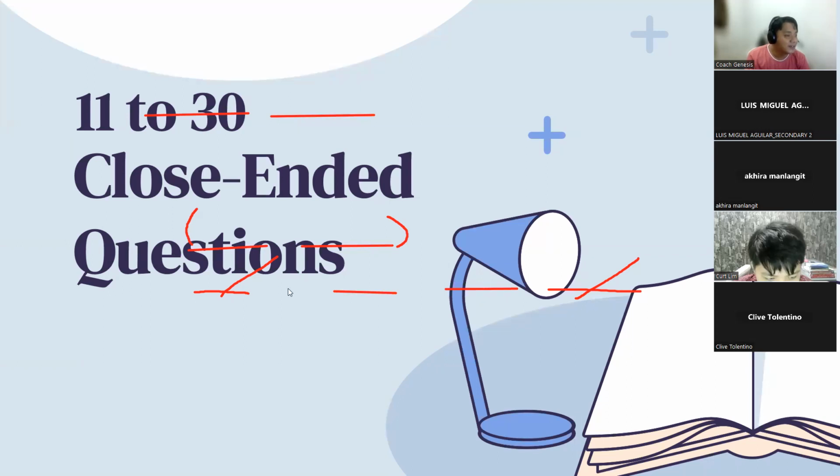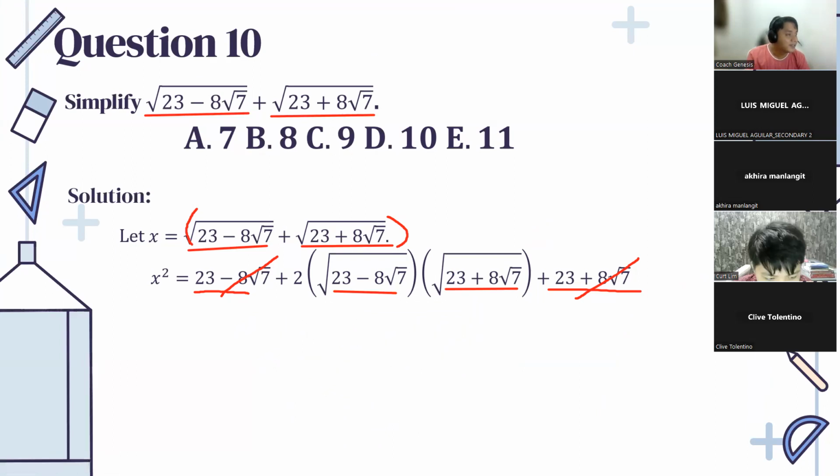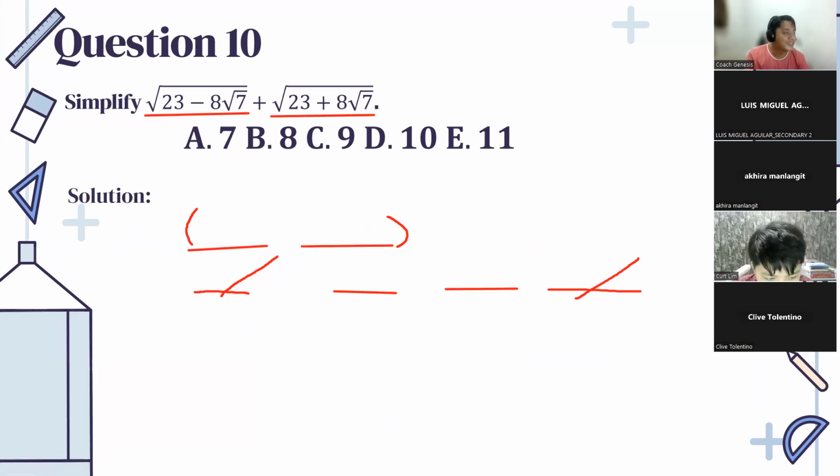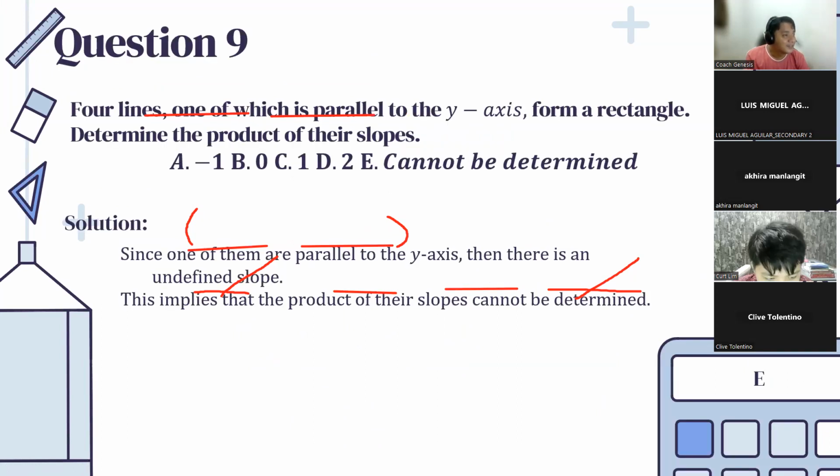Why is it not 0 in question 9? Okay, question 9. Let me go back to question 9. The first thing is if you were to form a rectangle, then since one side is parallel, of course it must be parallel to the y-axis.